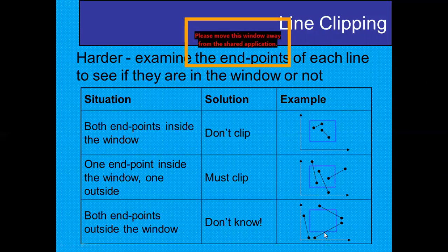Then first we will check the AB portion, and we will compare it with the window boundary, meaning X min and X max, Y min and Y max.